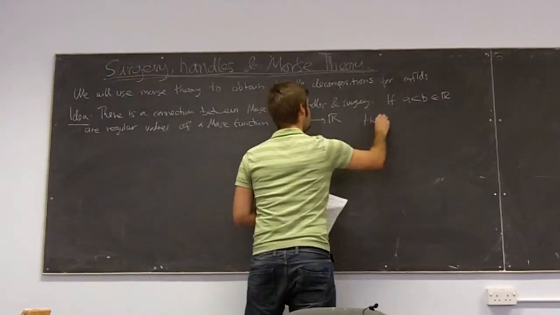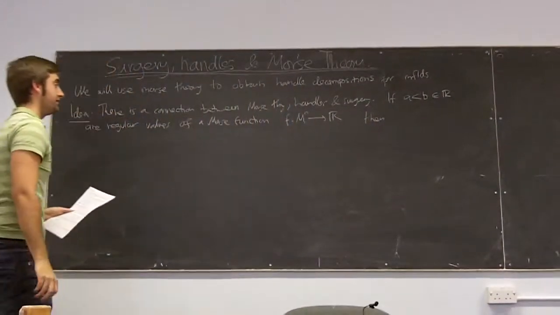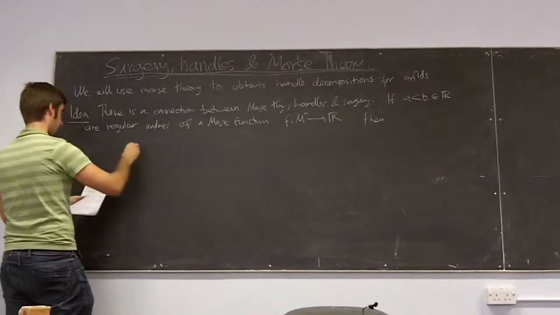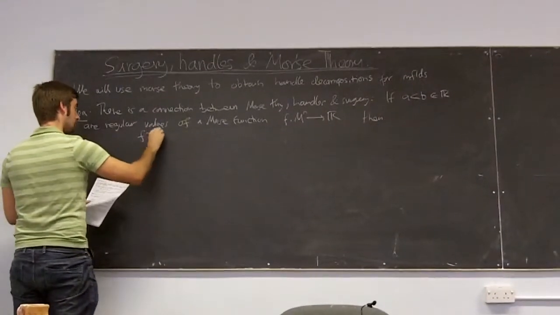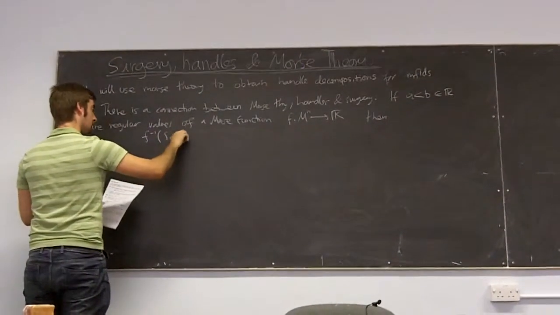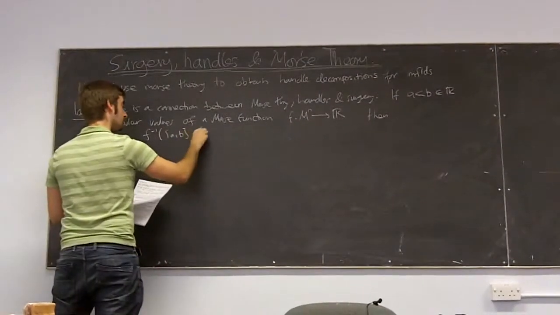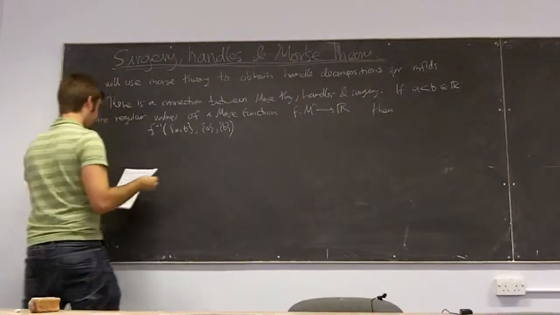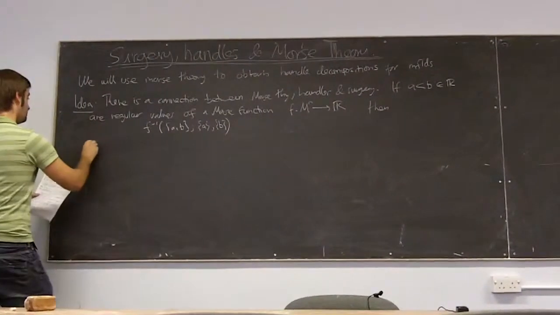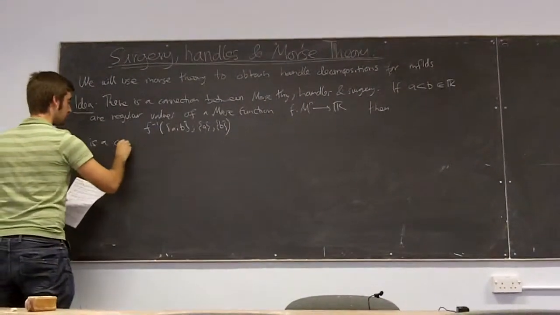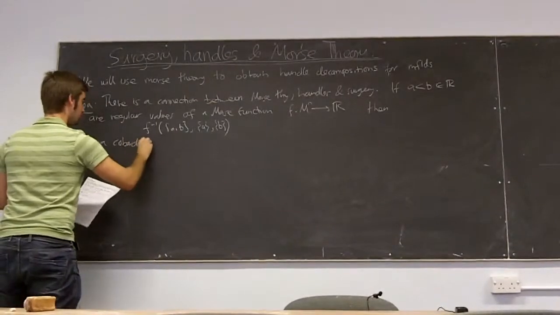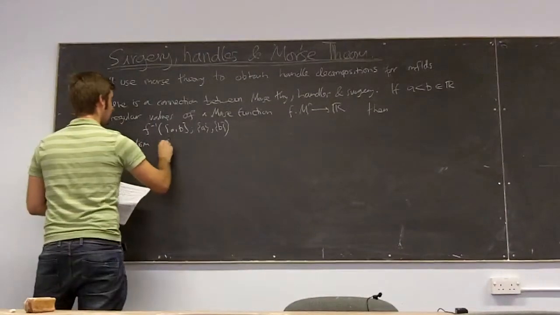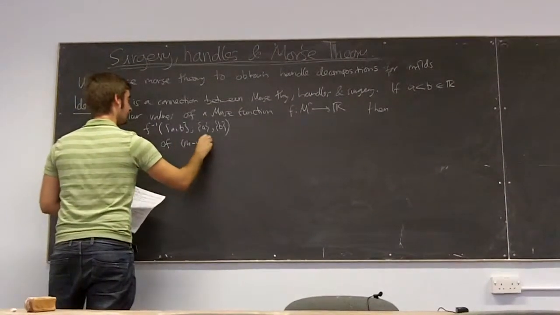Then, if we look at the pre-image of the interval from a to b, this gives us a cobordism of m-1 manifolds.